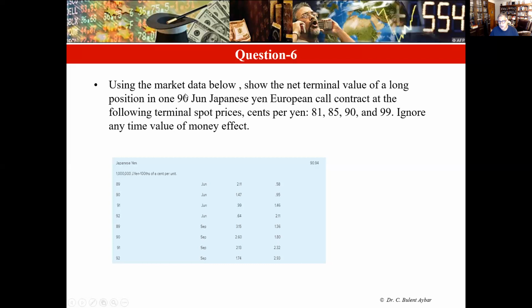So first, let me explain what the contract features are signaling in here. 90 is actually the US dollar units that we are going to be paying at the exercise if we decide to exercise.